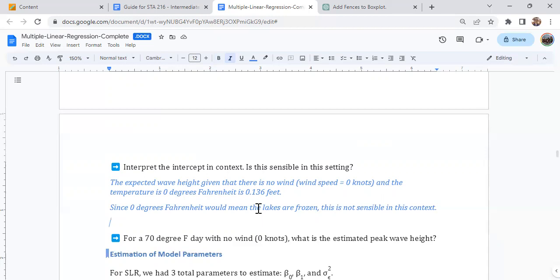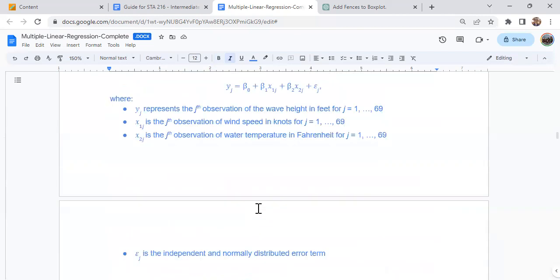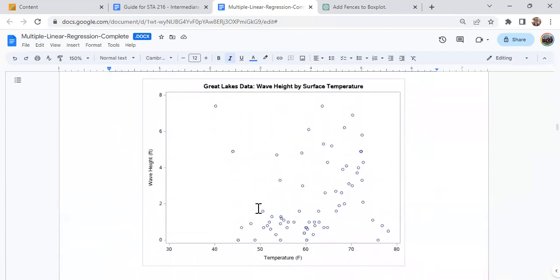It's also extrapolation, which we can tell by looking at the scatter plot. 0 degrees Fahrenheit is way outside the scope of the data. So we cannot interpret the intercept because of that. We can only describe the relationship in the range of data that we saw. We can't assume that it goes on forever either way.